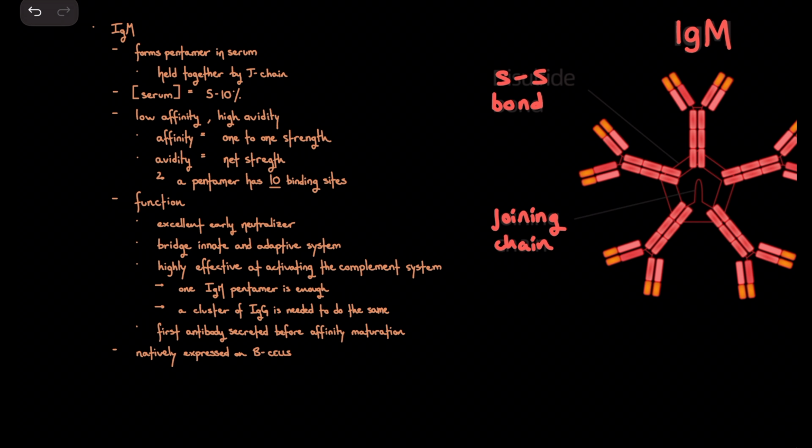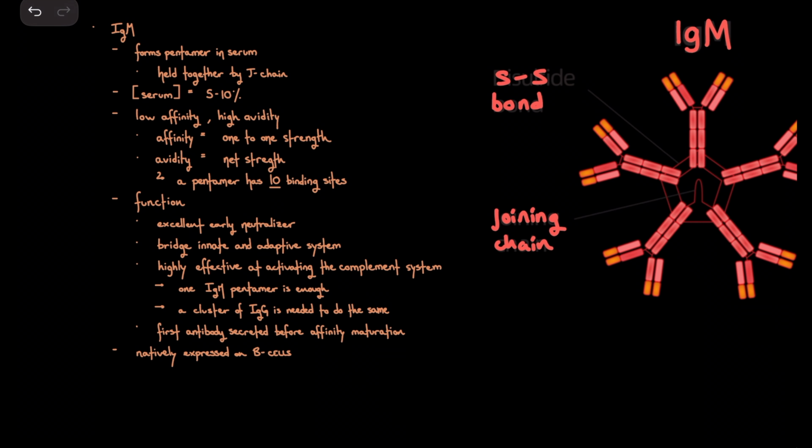So what that means, again, is excellent at early neutralization. But that means I didn't have to do any messing with it for this to be here. So IgM is a weird one. IgM is the first antibody, or the first B cell receptor, that's expressed on B cells. Natively expressed, just hanging out. Most of the time, we're going to edit this and change IgM, but it's cool to know that this is the first one.